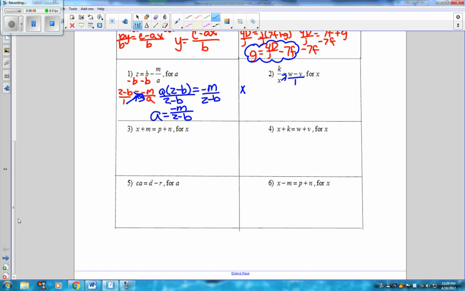So I get x parentheses w minus v is equal to k times 1, I'm sorry, which is k, and then solve for x. So x equals, divide both sides by w minus v, so that x equals k divided by w minus v. So that's my answer to this problem.